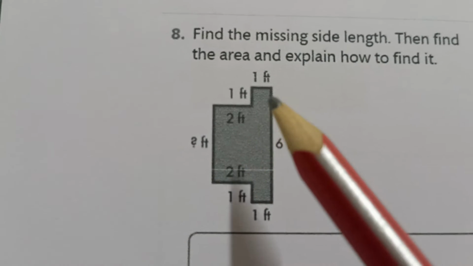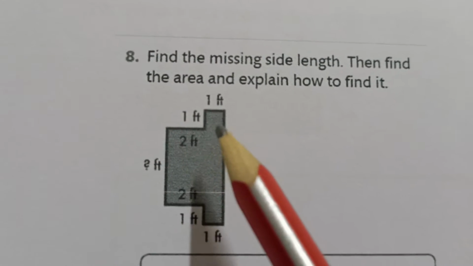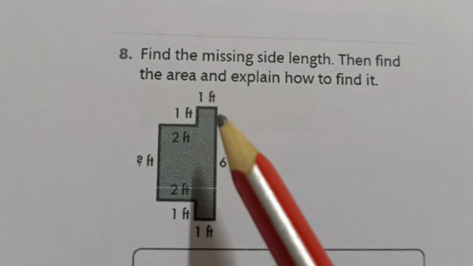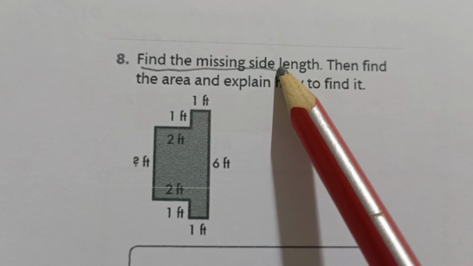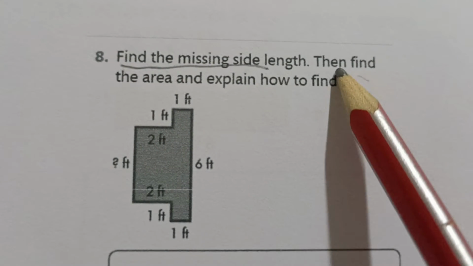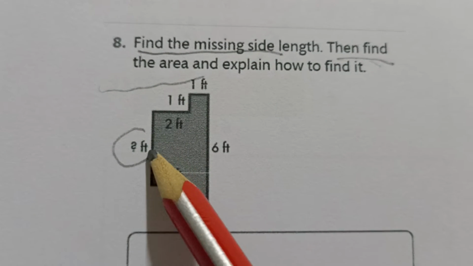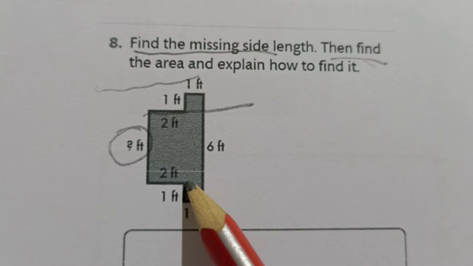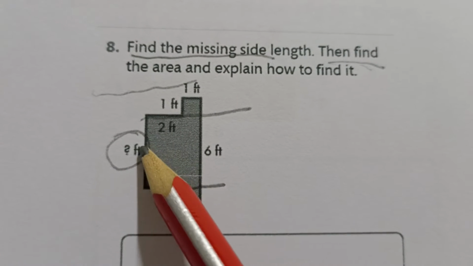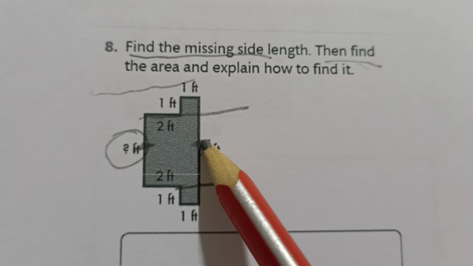Okay, this one is going to be a little bit complicated, maybe for some students, but let us try to do this. First of all, find the missing side. Then find the area. First of all, we are going to find that missing side, and if you draw a line like this, you will see that this side equals this side.